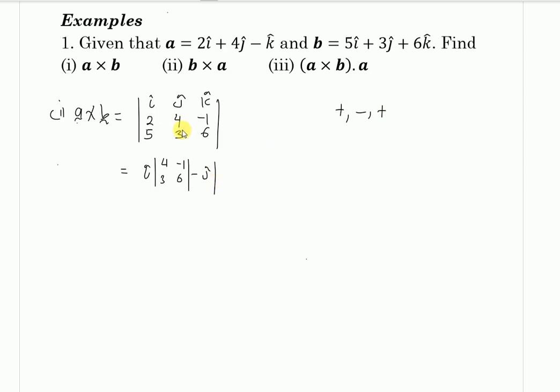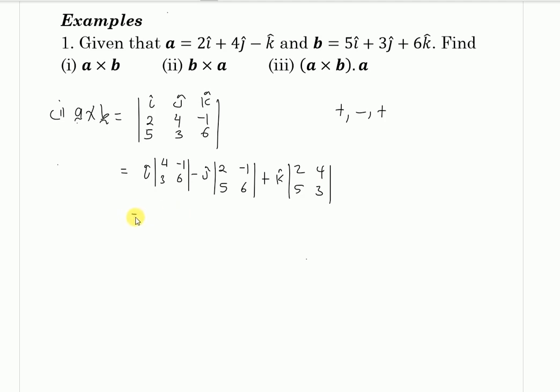When you come to J, cancel this and that, and remain with 2, -1, 5, 6. You are considering J, which is in the middle, so the middle column is not taken. You just get the other 2 columns. Then plus K. You are considering K, so you don't consider that column. So you have 2, 4, 5, 3.